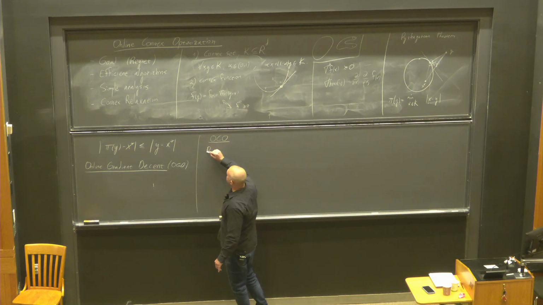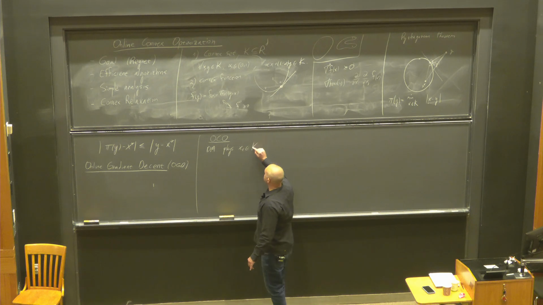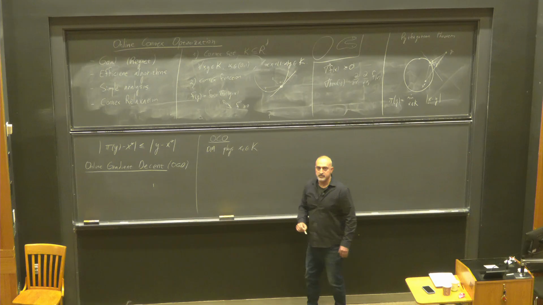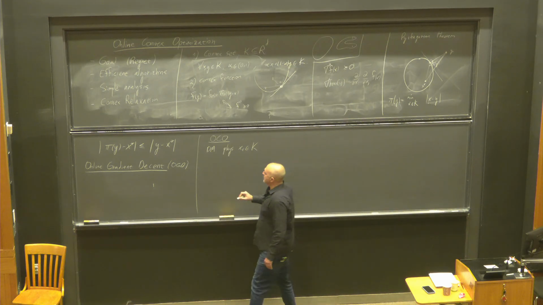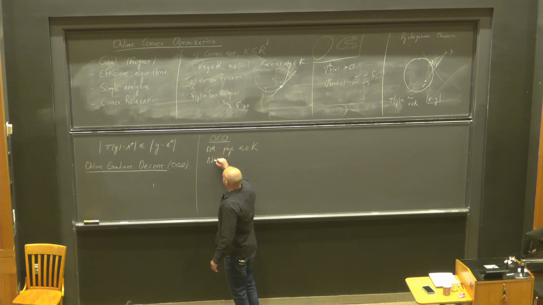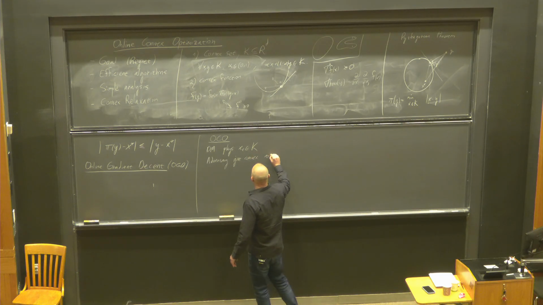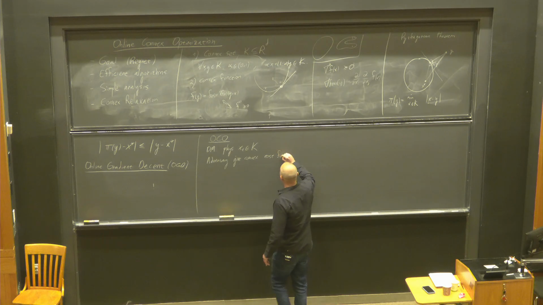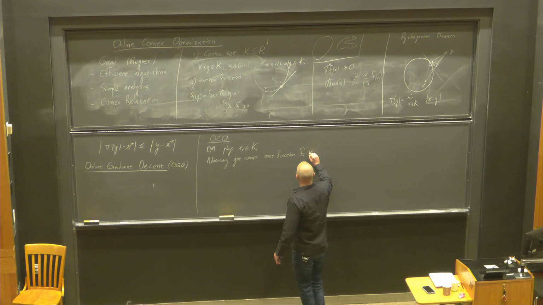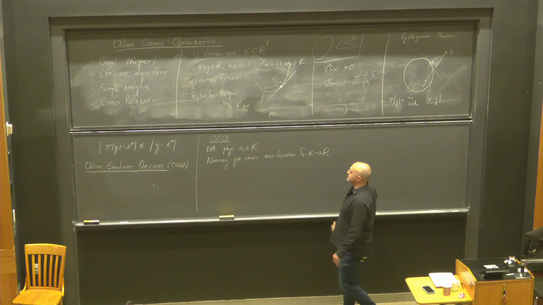A decision maker plays xt from a convex set K. Then an adversary gives a convex cost function ft from K to the real numbers.